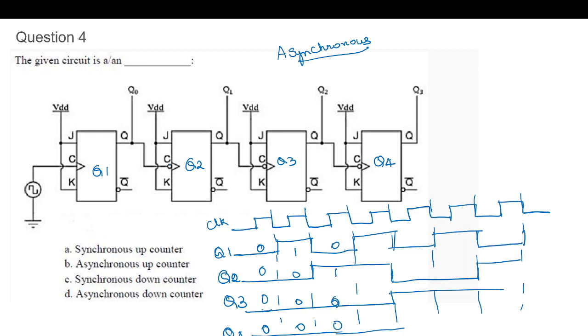So it is 1, 2. Next is 1, 1, this is 3. So you can see here it is 0, 1, 2, 3. So it is an up counter. So it is an asynchronous up counter.